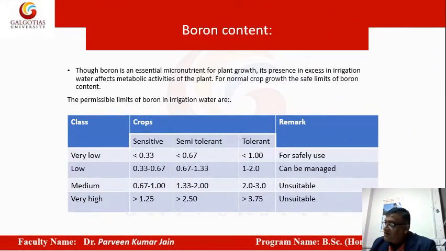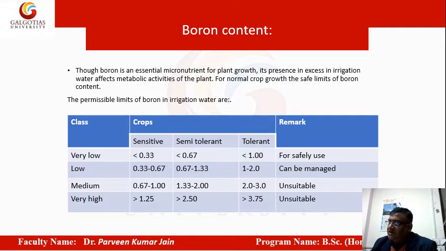Then boron content. The boron content also has an important role because boron is also one of the essential nutrients, and its concentration varies with the salts. Though boron is an essential micronutrient for plant growth, its presence in excess in irrigation water affects the metabolic activities of the plant. For normal crop growth, the safe limit of boron content is specified.